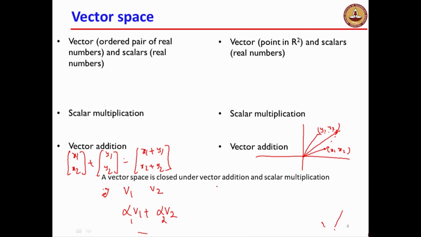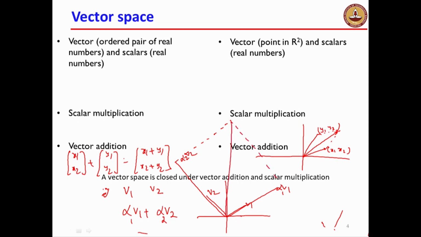So what is happening geometrically? If this is my vector v1 and this is my vector v2, alpha 1 v1 may be some vector like this, and alpha 2 v2 is another vector like this, and alpha 1 v1 plus alpha 2 v2 would be, I would have to construct this parallelogram and draw this vector.